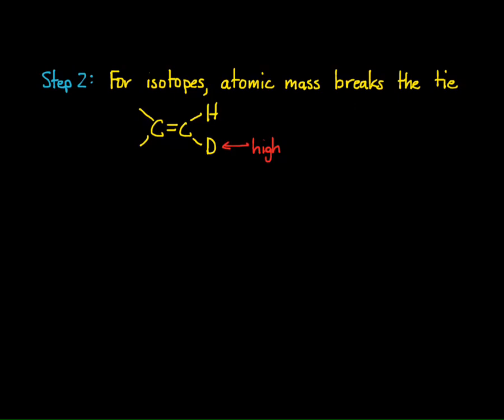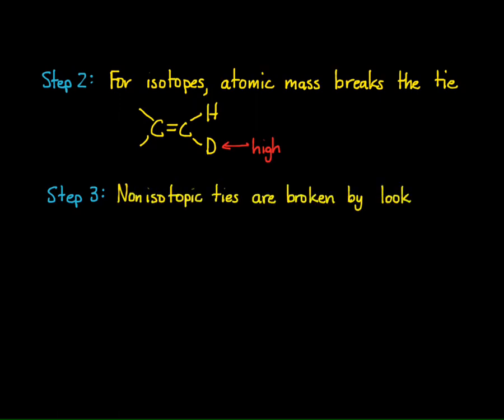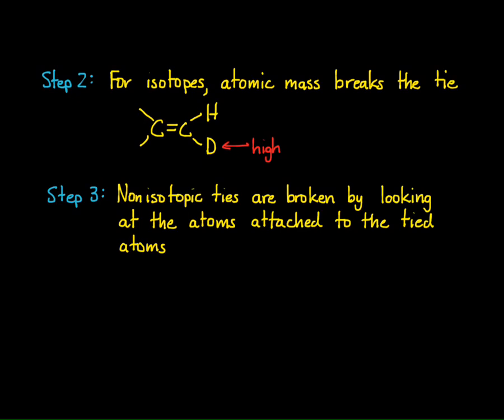Now, there are situations in which the atoms attached to that olefin carbon are the same. And so for step 3, when you have non-isotopic ties, they're broken by looking at the atoms attached to the tied atoms. And you keep going until you find a point of difference between the atoms that you're looking at.